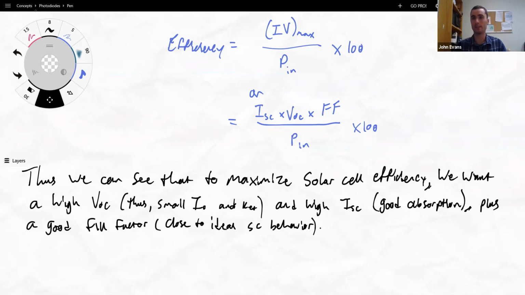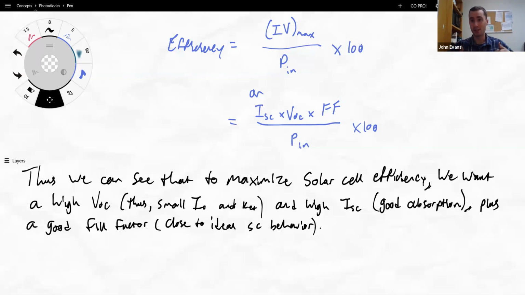If you remember from when we derived the ideal diode equation, we could either get a big barrier height and get really good VBI, because if we have a large built-in voltage, we can have a small I naught, or we can have a system that has really bad electron transfer kinetics. And so we have a bad KET, a bad constant for the electron transfer rate, or both. Really, what we would like is both.